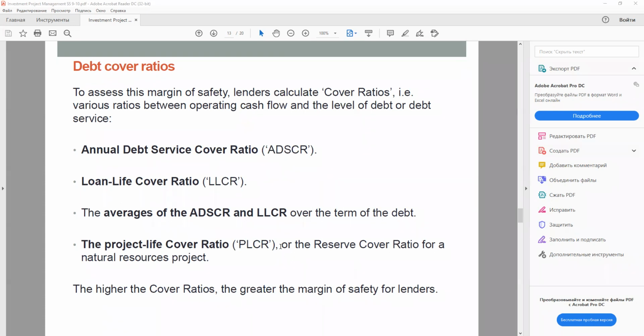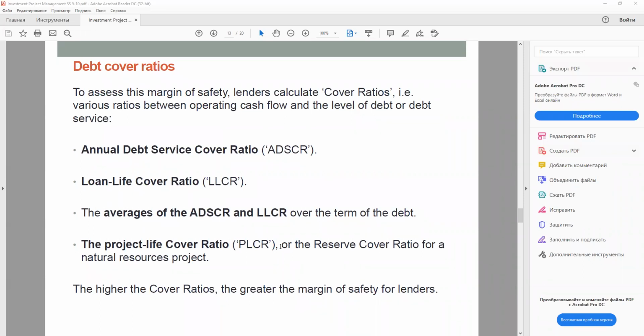These are very important ratios, and they are heavily used if the finance is provided via debt. The higher the coverage ratios, the greater the margin of safety for lenders.